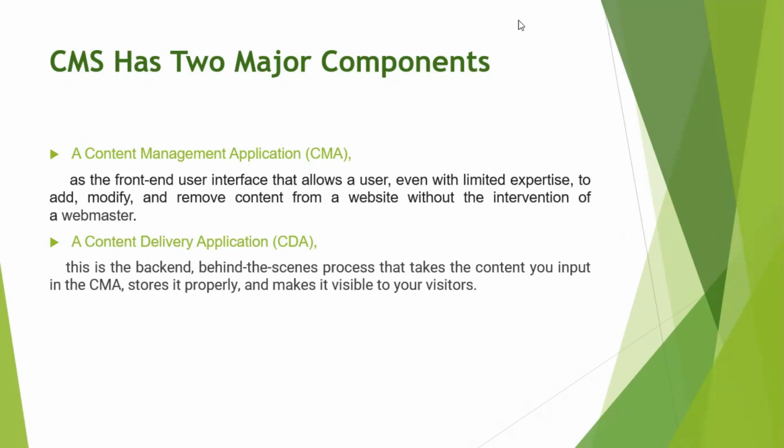In simple language, the content management application is a front-end user interface that allows a user to edit, modify, or remove content from the website without the interference of a webmaster. And the content delivery application is a backend process behind the scenes that takes the content you input in the content management application.